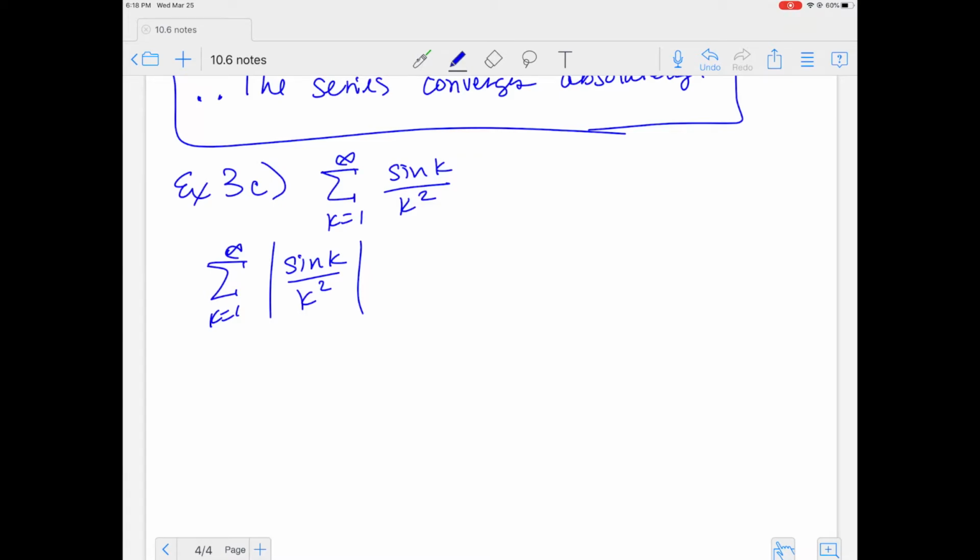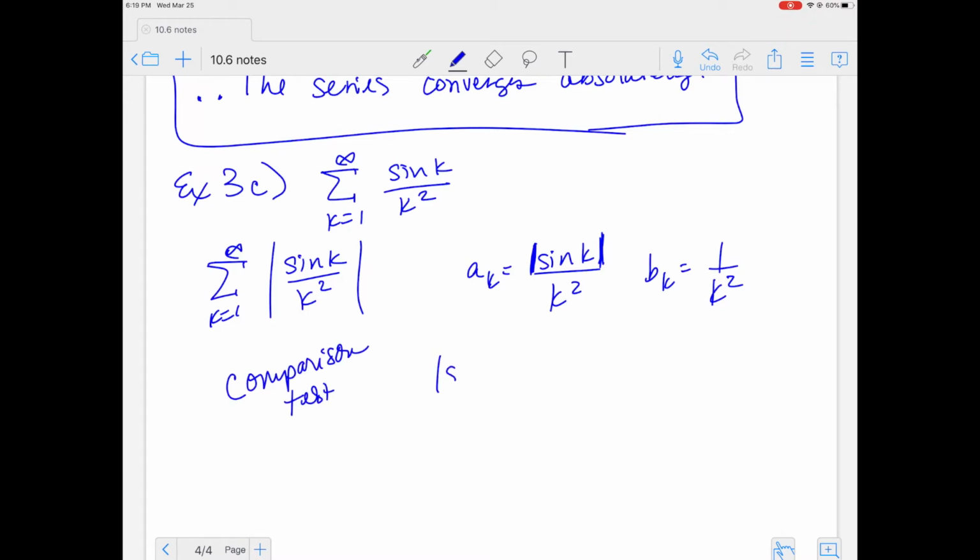So if I do my comparison test, I have the absolute value, so a sub k is equal to the absolute value of sine of k over k squared. B sub k here will be 1 over k squared. And I know with my comparison test that the absolute value of the sine of k over k squared is definitely going to be less than or equal to 1 over k squared.